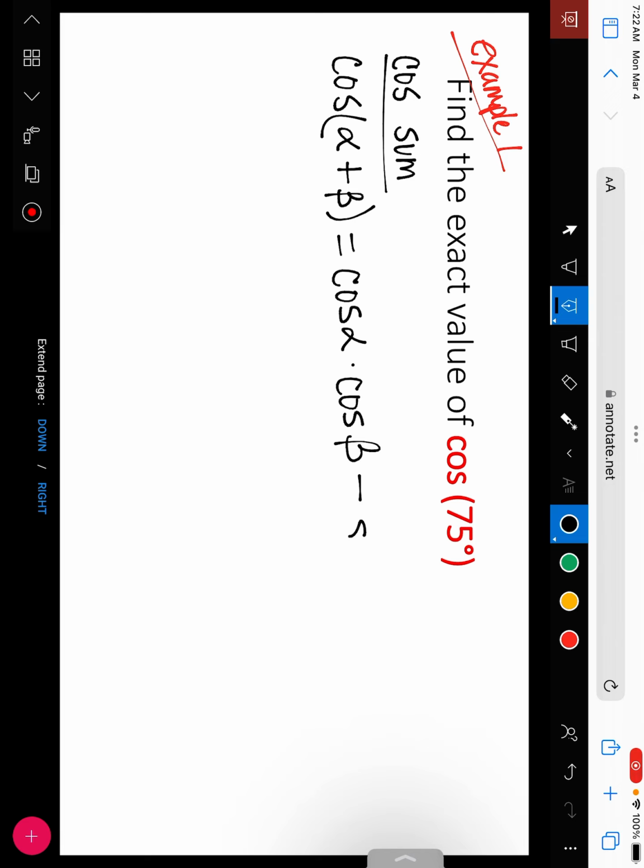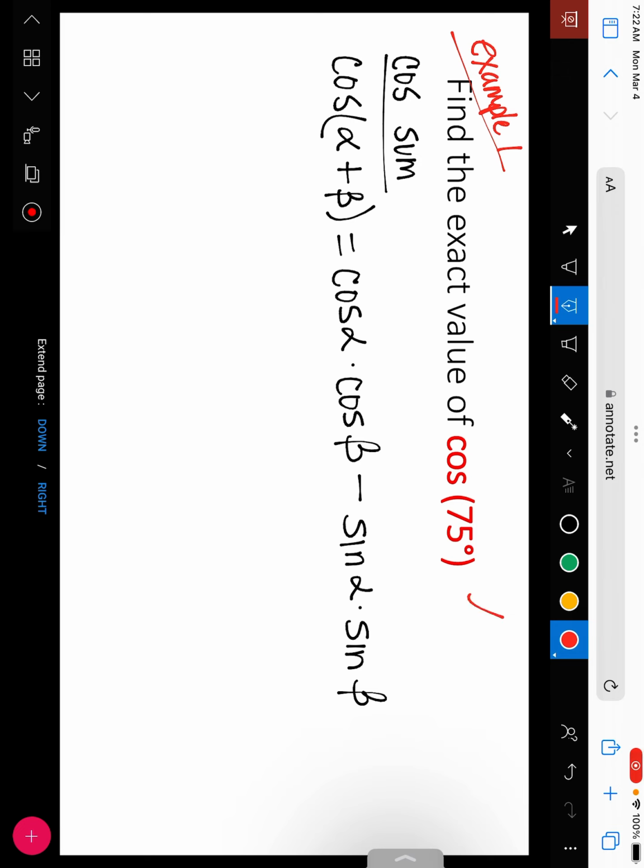Sine of alpha sine of beta. Now when you're using this identity, just to be consistent, we'll always say alpha is the larger angle and beta is the smaller angle.